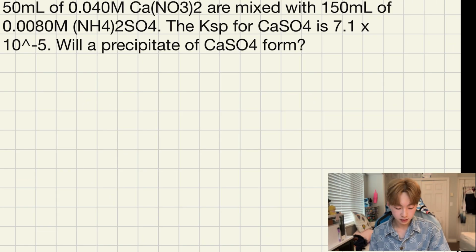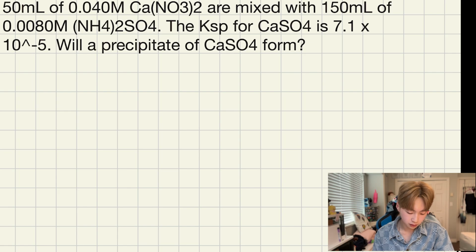Now let's look at this question. It's saying that 50 milliliters of 0.040 molar of whatever this thing is called is mixed with 150 milliliters of 0.0080 molar of this other thing. And the KSP for CaSO4 is this. And it's asking if a precipitate will form.